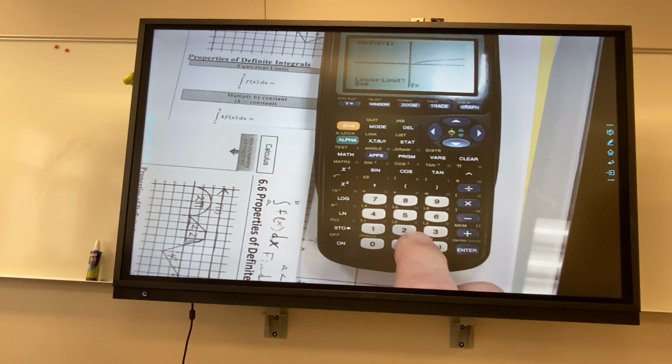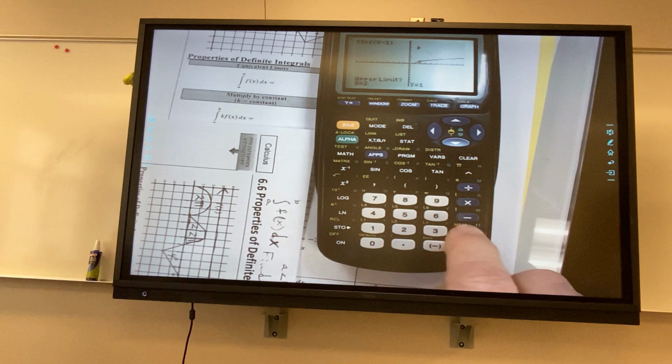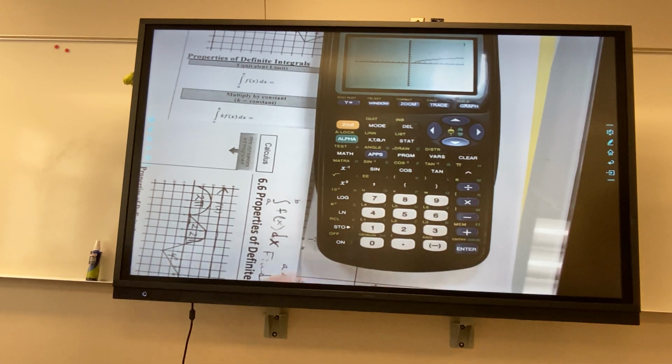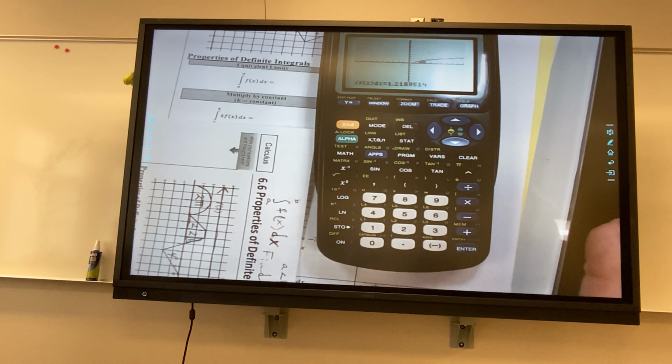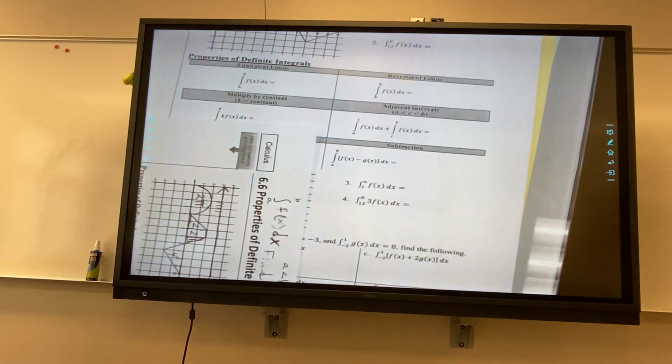What's the lower limit? 2. And the upper limit is 3. You press it, and it shades it in. It puts those little tiny rectangles on it, and it gives you the same answer. Either way is fine. Everybody okay with that? All right. Casio.